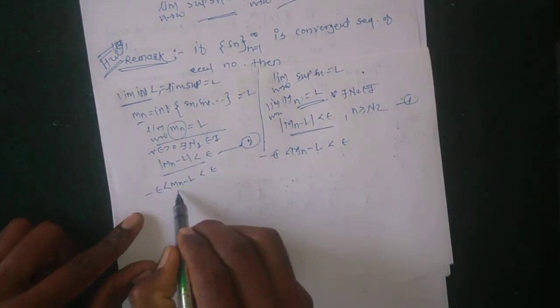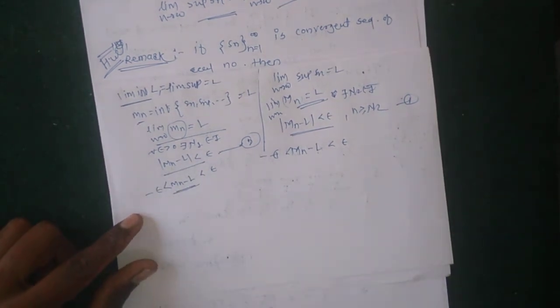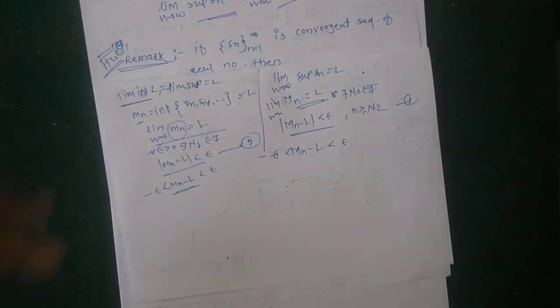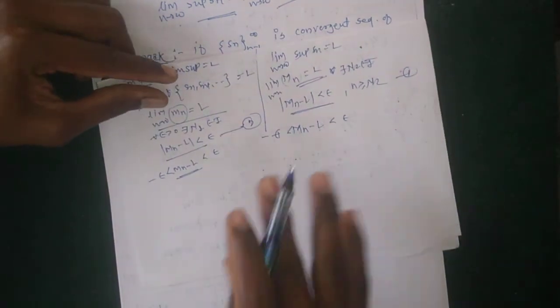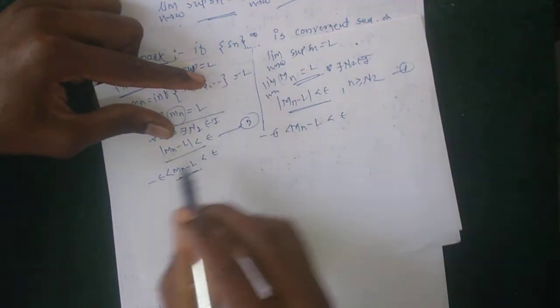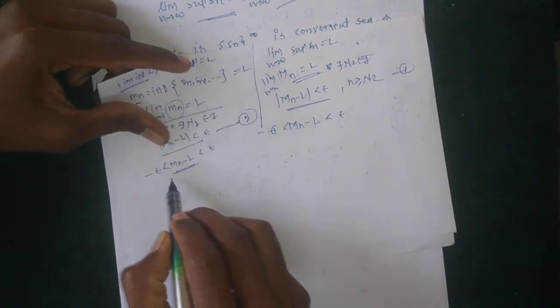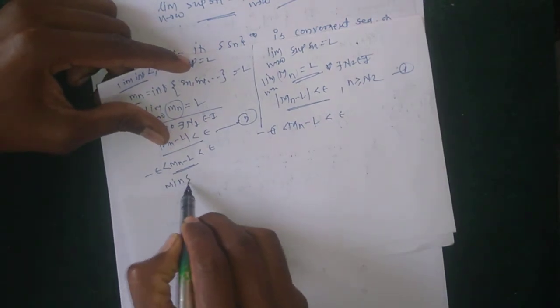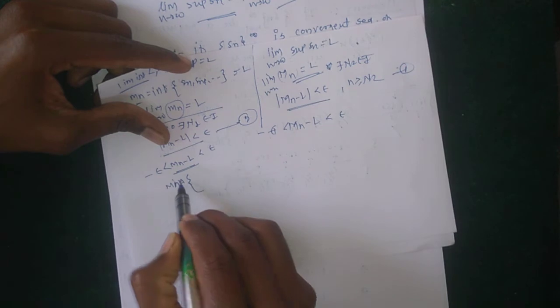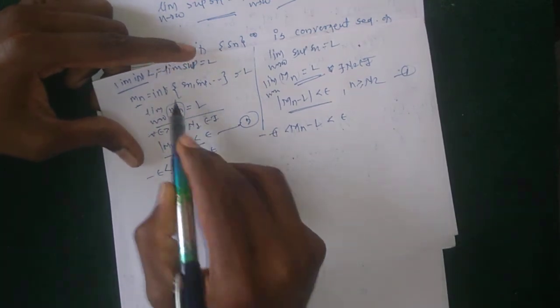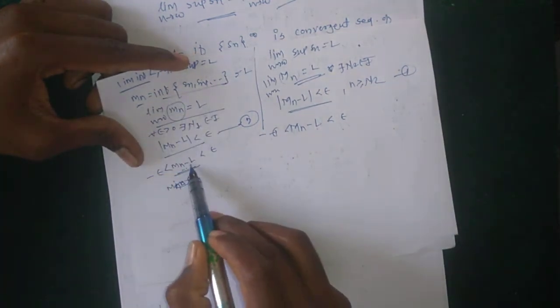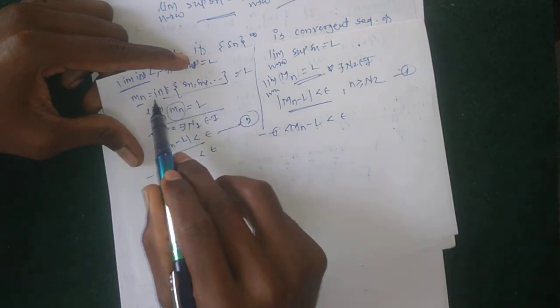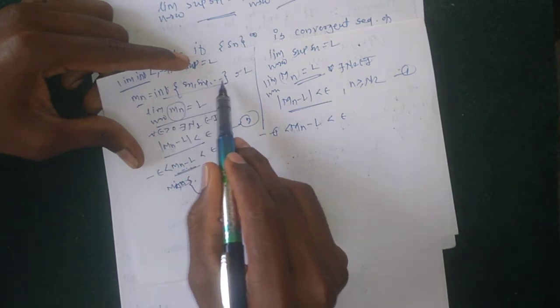Here, small mn is the infimum of Sn plus 1 up to so on.